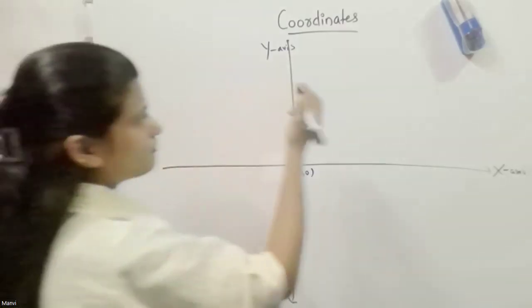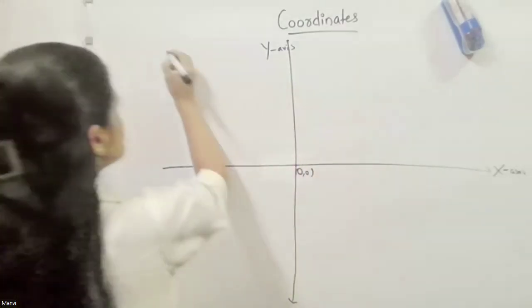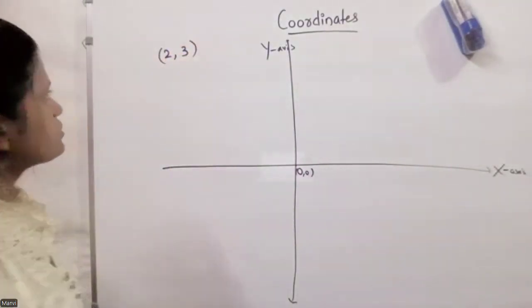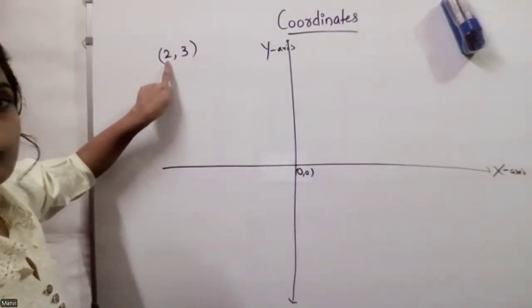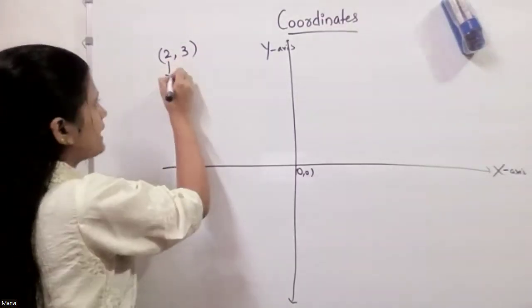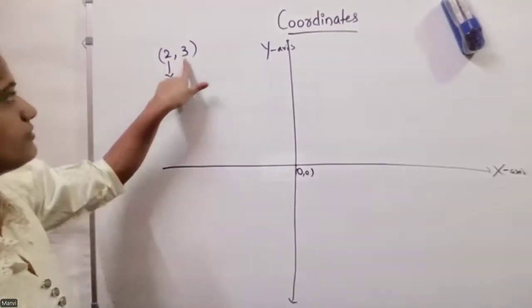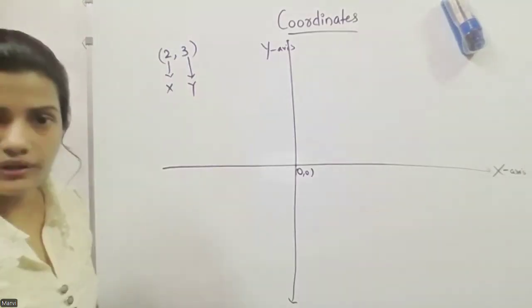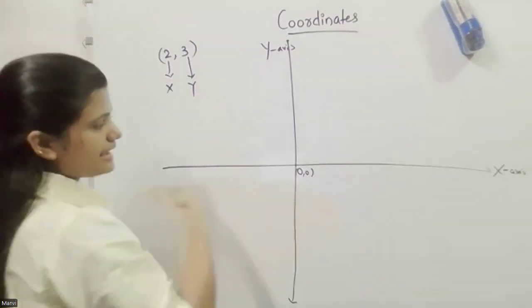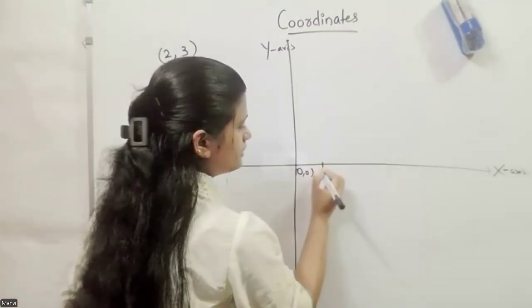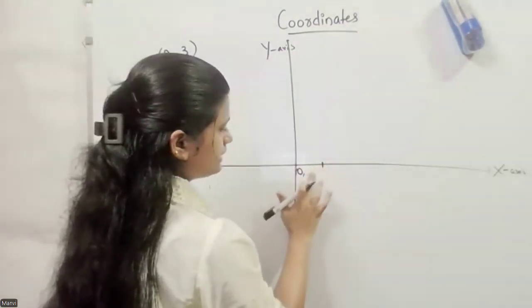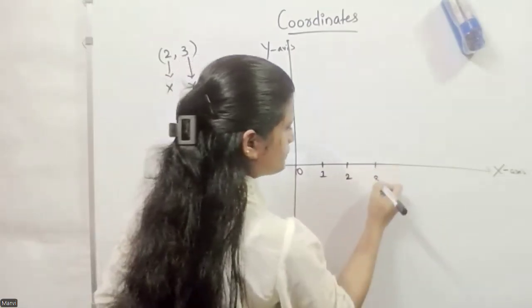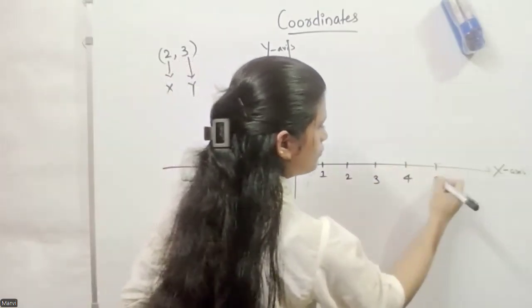For example, we have one point whose value is (2, 3). The first value denotes the value for x and the second one denotes the value for y. On the x-axis, we have 0, then 1, 2, 3, 4, 5.